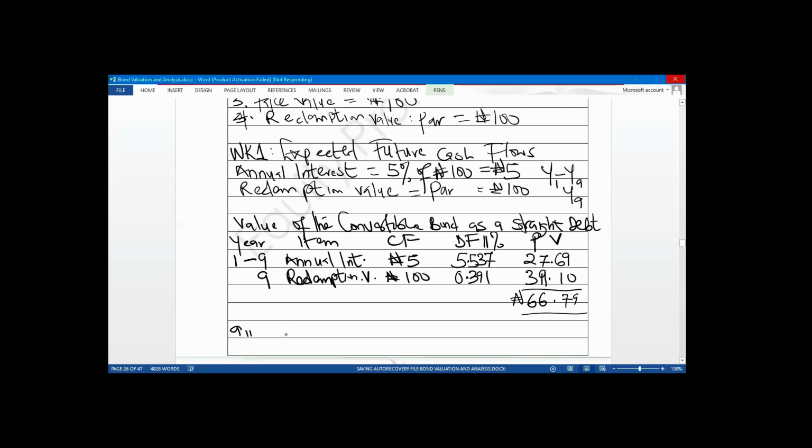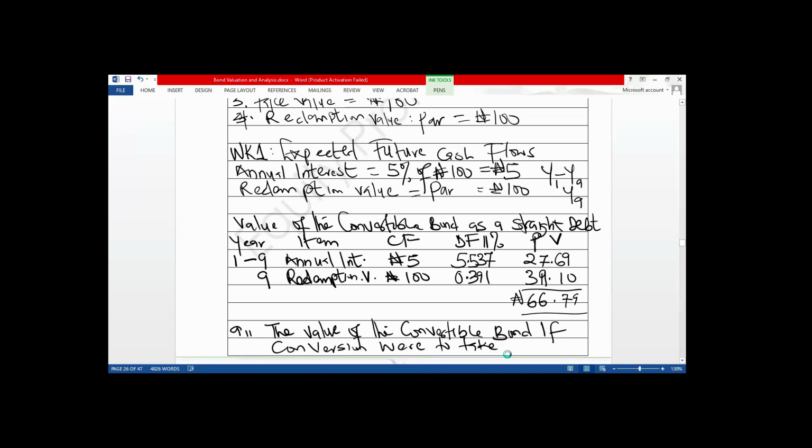Then part of the question says A2. The value of the convertible bond if conversion were to take place today.